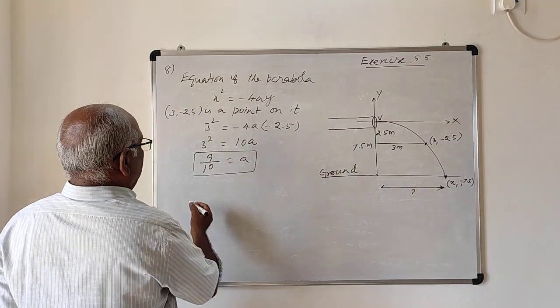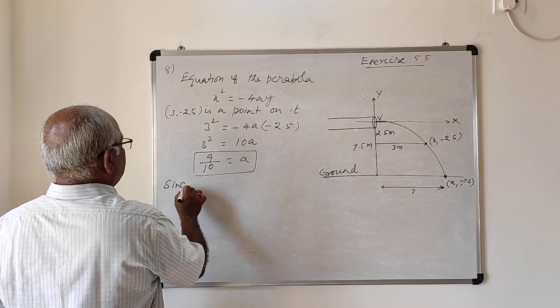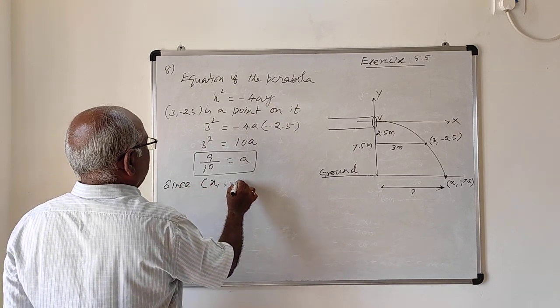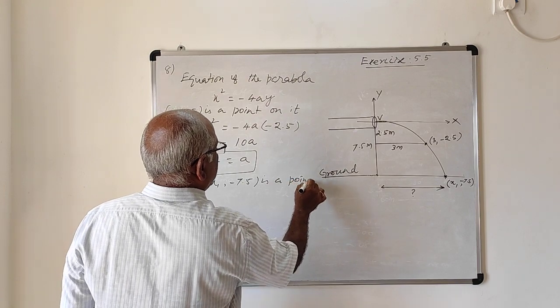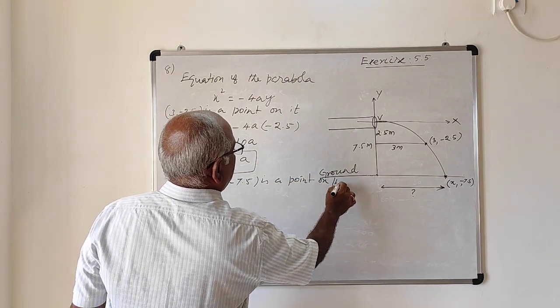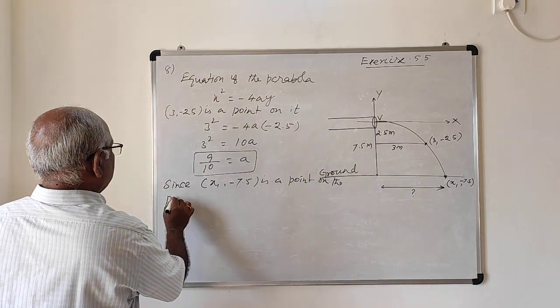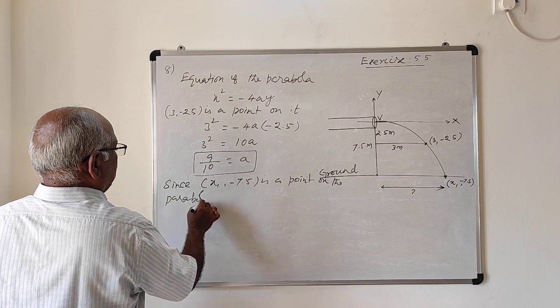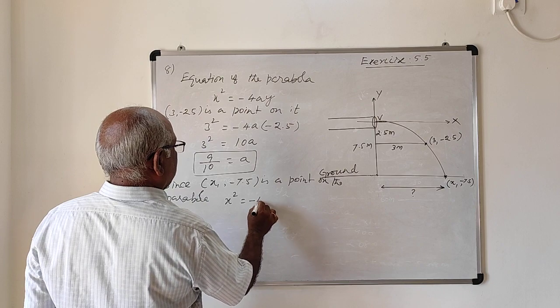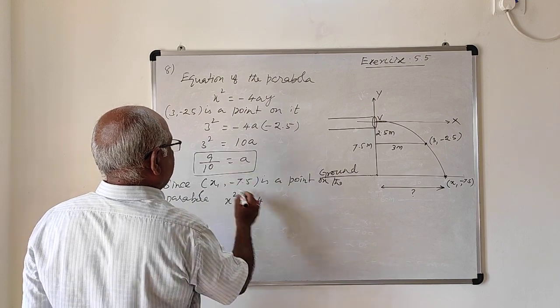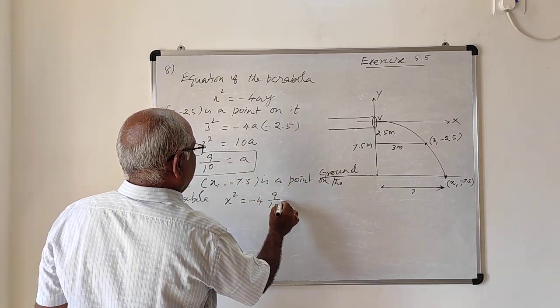Therefore, since (x1, minus 7.5) is a point on the parabola, x square equal to minus 4ay, with a equal to 9 by 10.